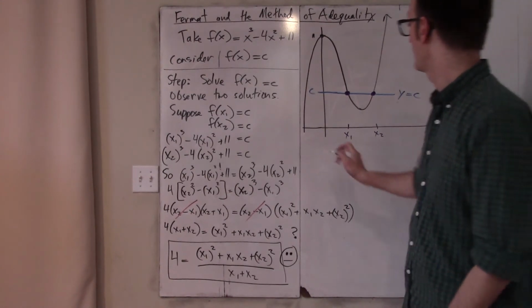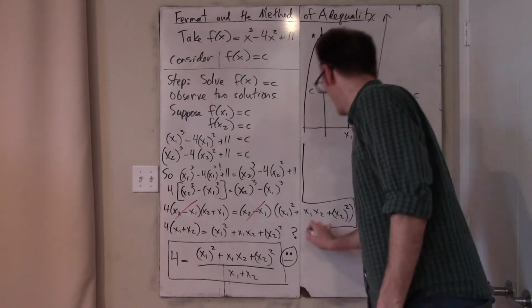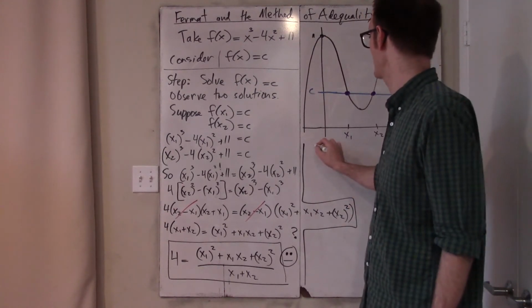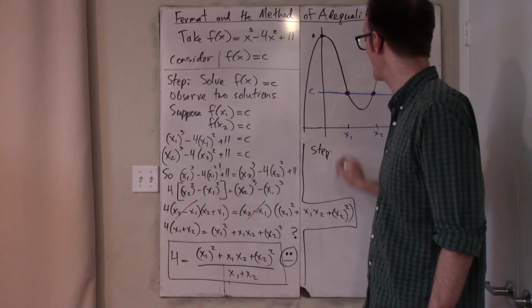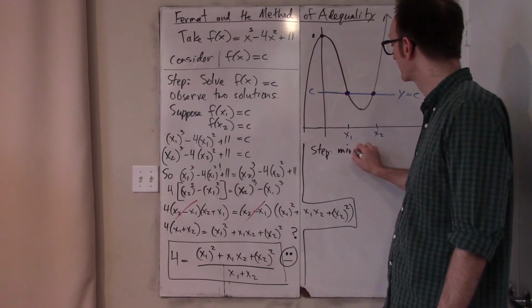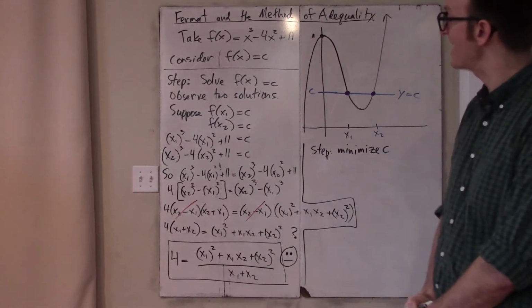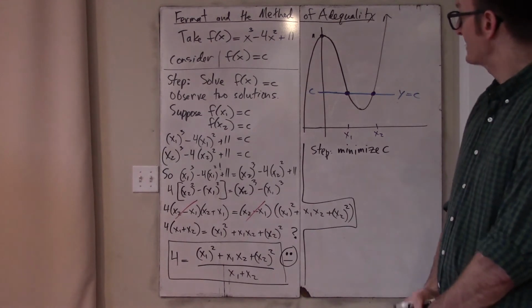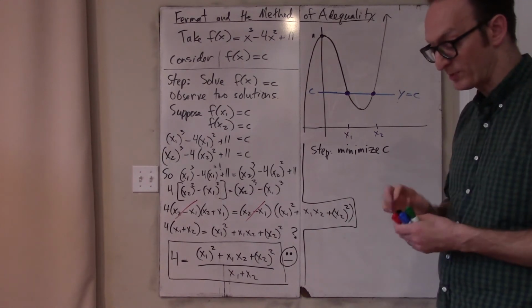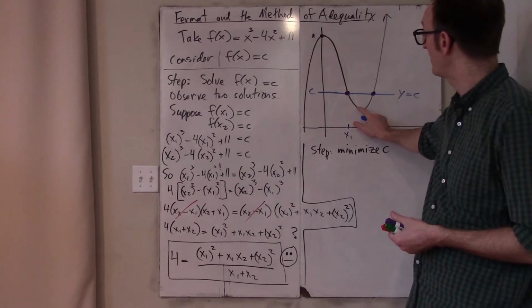Well, now we take our bold step. And the bold step, this is the next step: minimize c. I want to make c as small as possible. And by making c as small as possible, I can find the relative minimum of this cubic.